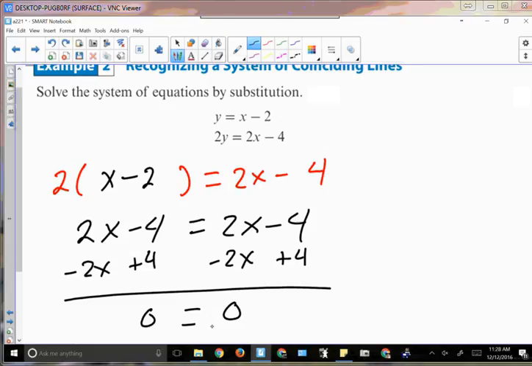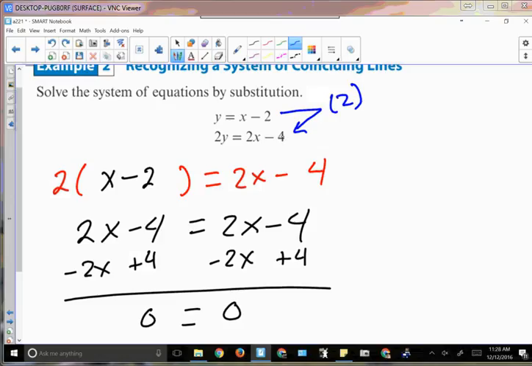Now, there was something else I had talked about earlier. Are they multiples of each other? Is there a value that I can multiply the top equation by to get to the bottom equation? Well, if I multiply everything by 2, 2 times y gives me 2y, right? x times 2 gives me 2x. 2 times 2 gives me the 4. So it's a multiple of it.